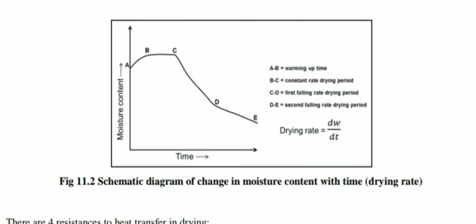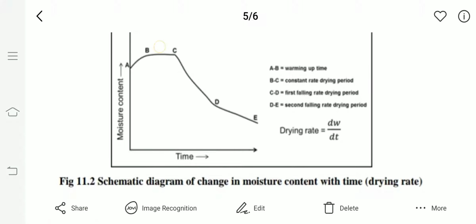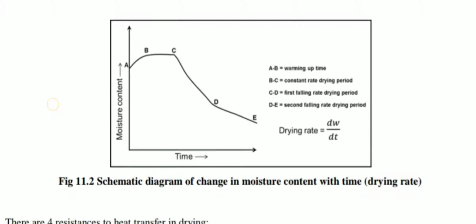Now A to B, how does it increase when we are doing drying? Water vapor is releasing from the food system into the air, which is hot and dry. Then why the increase in the moisture content of the food system?